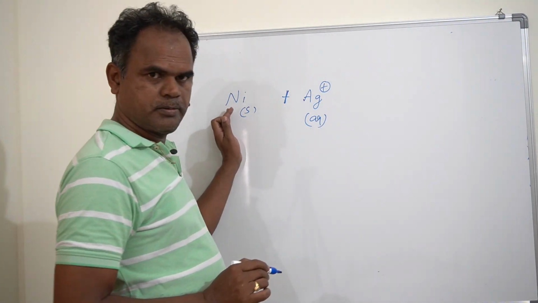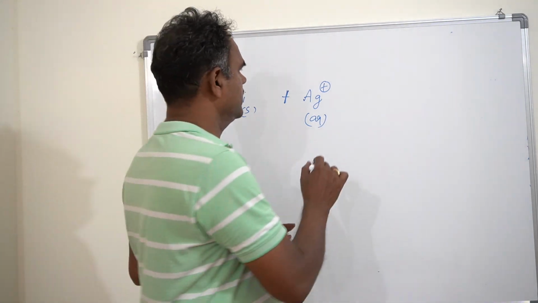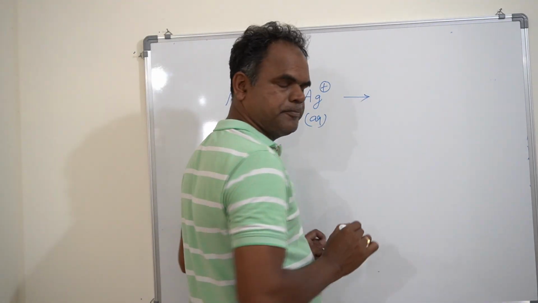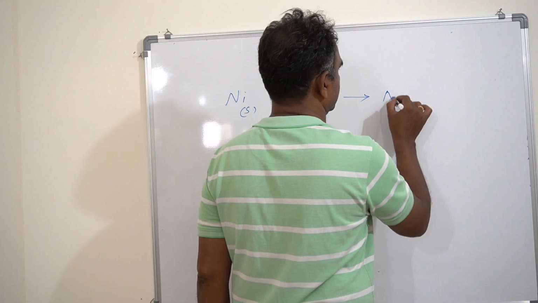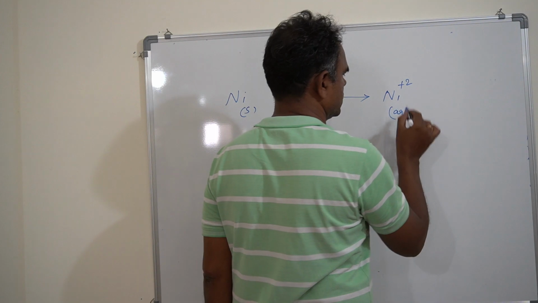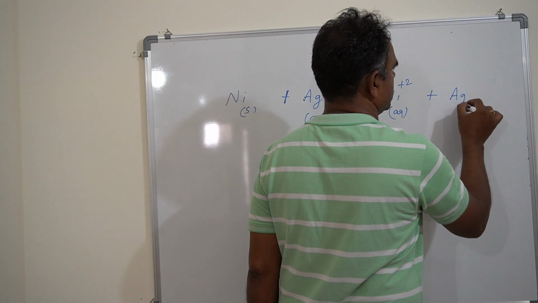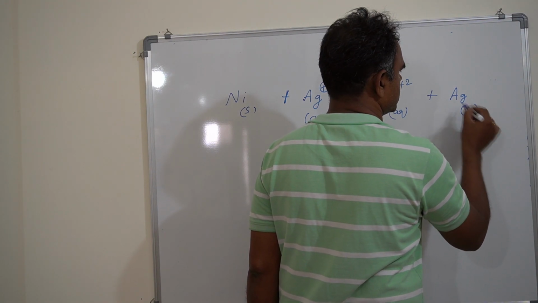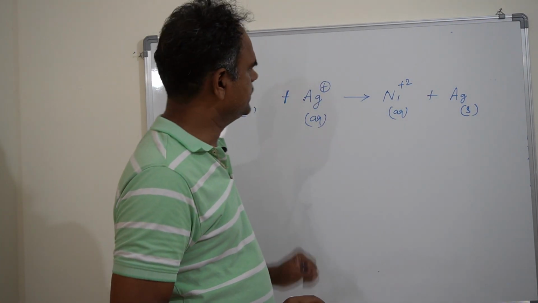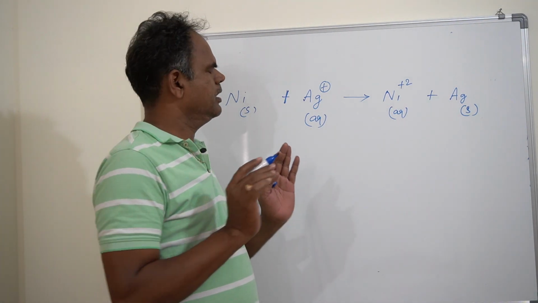The nickel metal is placed in the silver salt solution, and it changes into Ni2+ aqueous solution, and Ag metal solid is produced. This is the cell reaction.